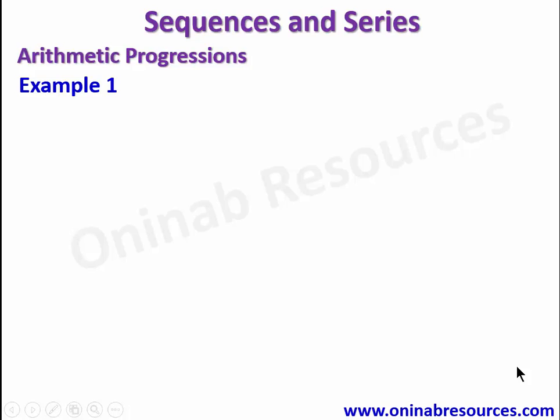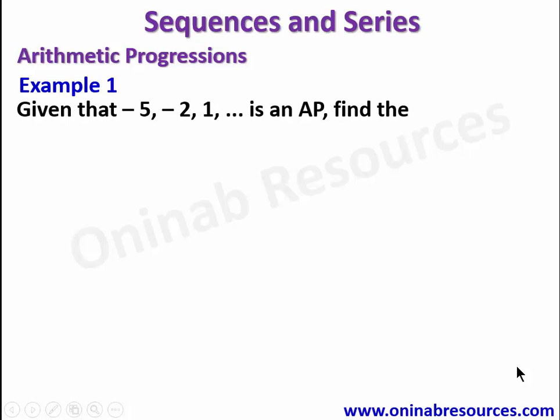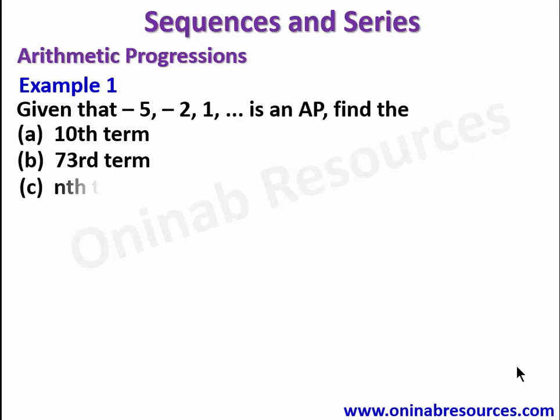So example 1, given that -5, -2, 1 and so on is an AP, find A, the 10th term, B, the 73rd term, C, the nth term of the sequence. Now we go ahead to get what we are given.